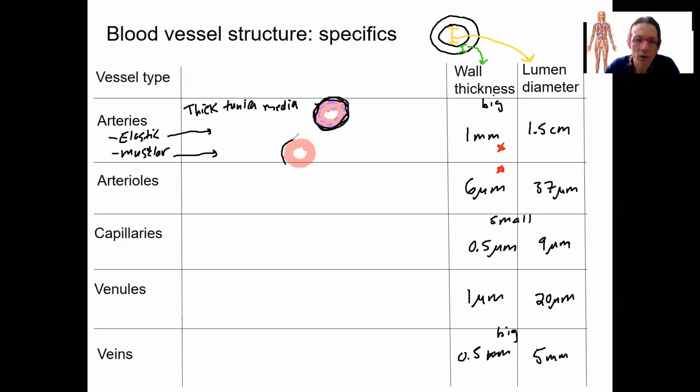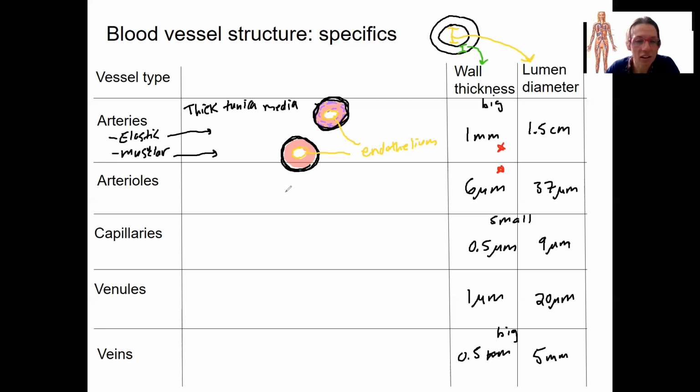You remember from the cow heart, these things had some integrity to them, and thin endothelium, just like all vessels. So the endothelium is not going to vary because it's simple squamous. It's always simple squamous. Endothelium is that tunica interna, right?